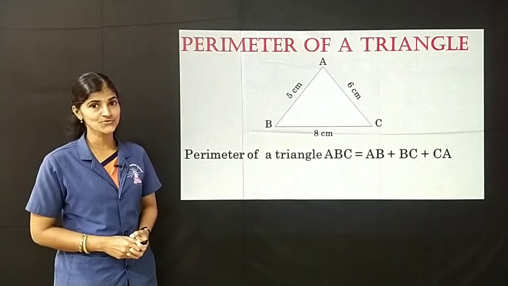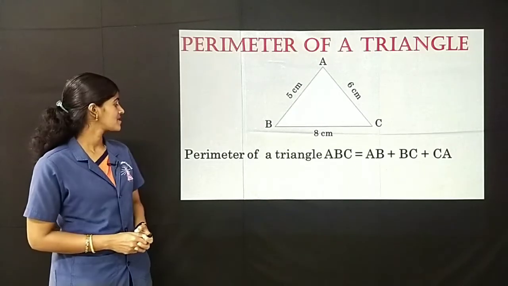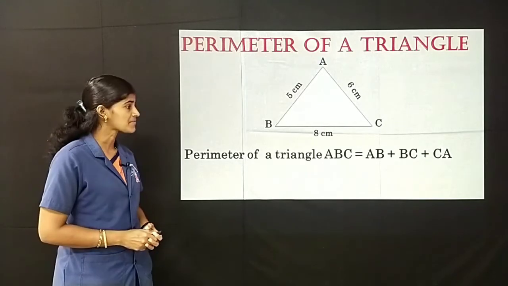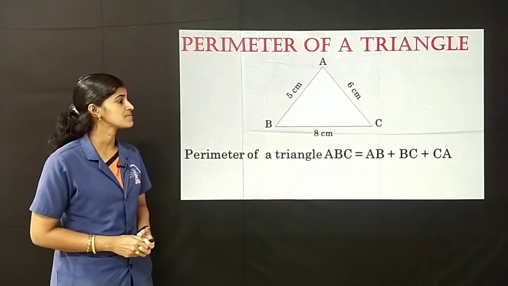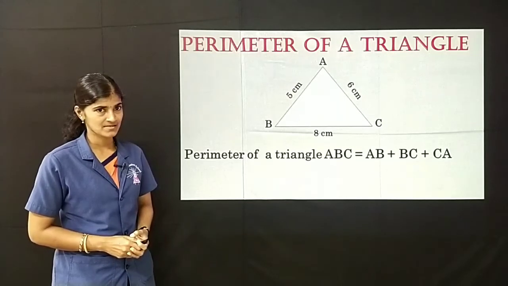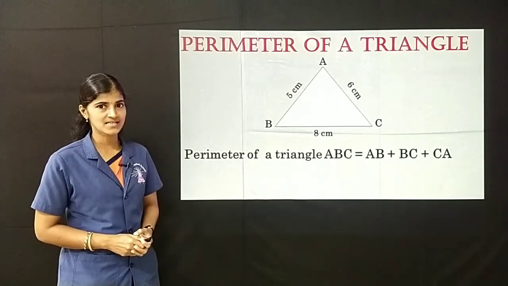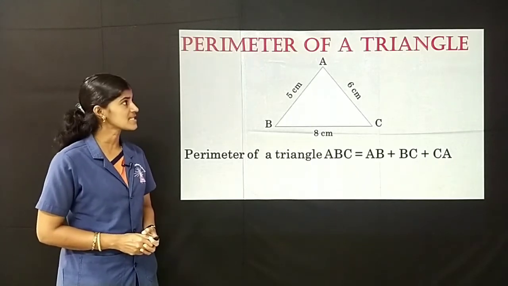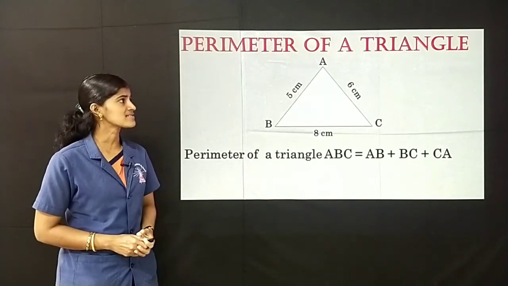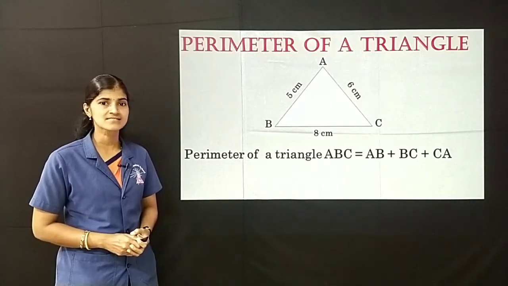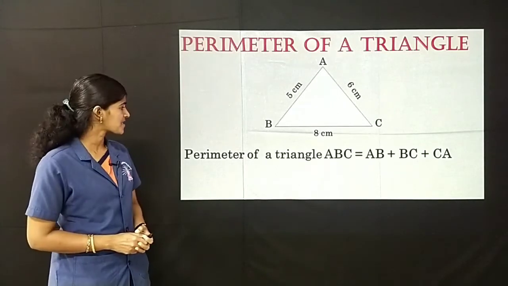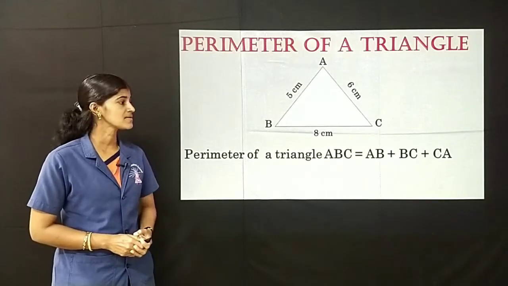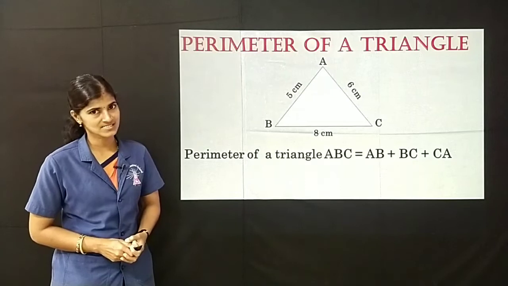As I have told you, it is the sum of all the sides. So the perimeter of triangle ABC is AB plus BC plus CA. AB is one side of the triangle ABC, BC is the next, then CA is the next. So triangle ABC has 3 sides.